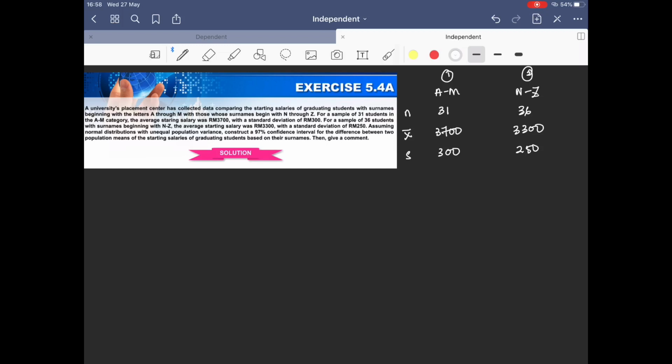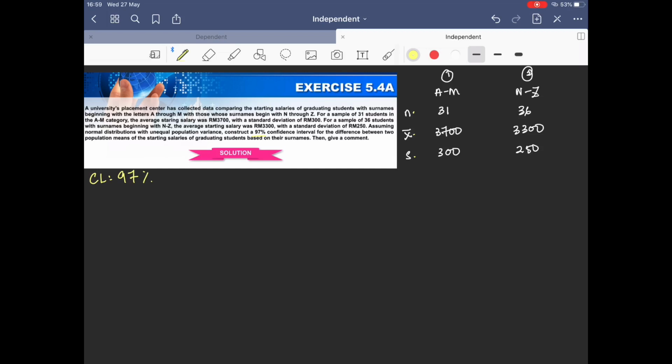Assuming normal distributions with unequal population variance, construct a 97% confidence interval for the difference between two population means, mu1 minus mu2, of the starting salary based on their surname. Then give a comment. So from the question, we extract the information: sample size, X bar, and the S. And also we have the 97% confidence interval, so confidence level 97%.